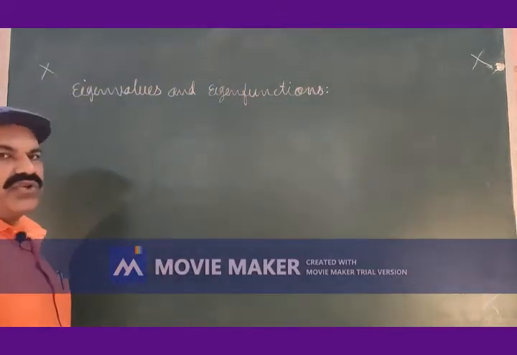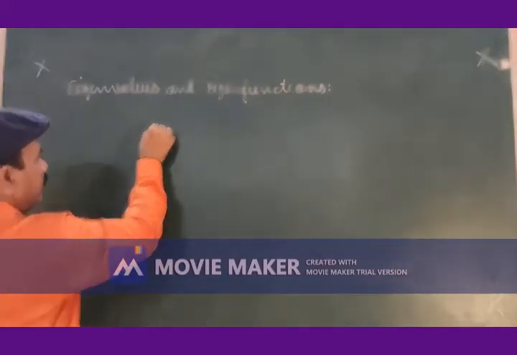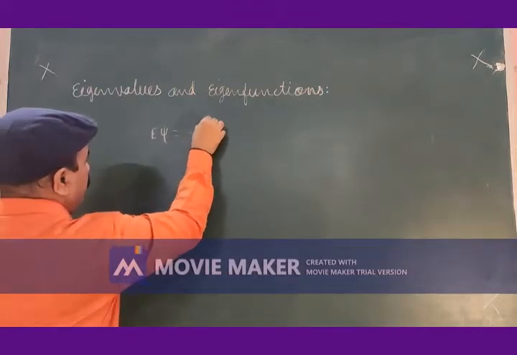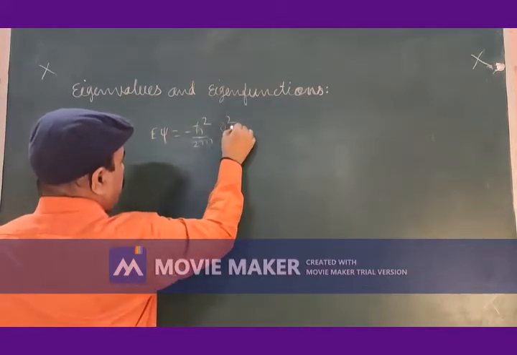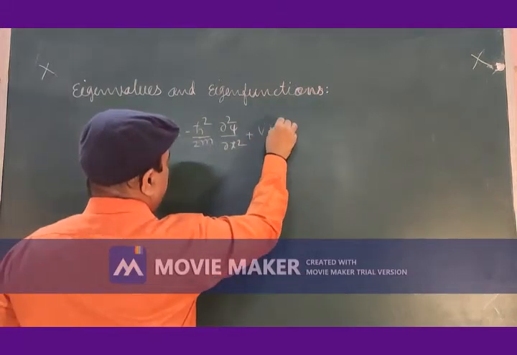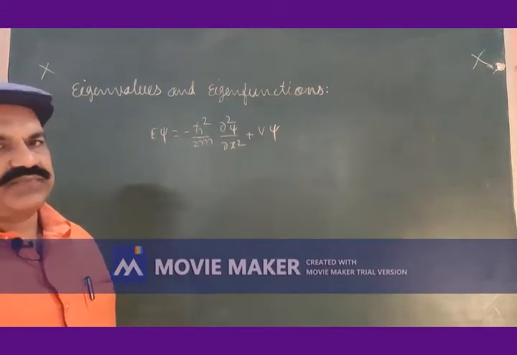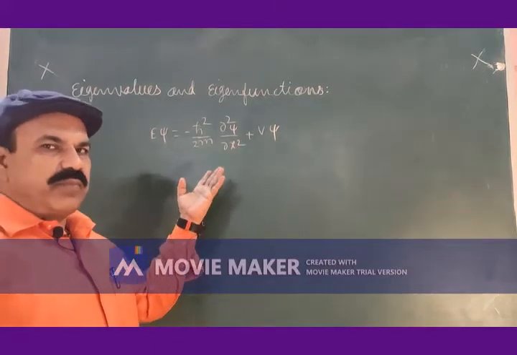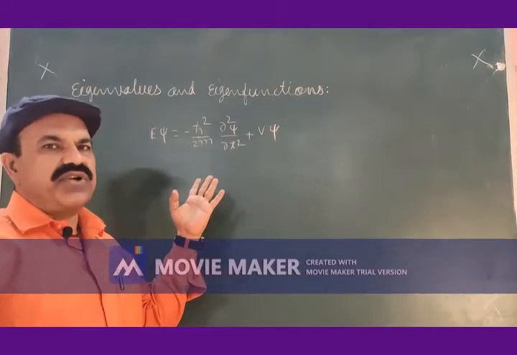The steady state Schrodinger equation we derived in the last lecture is this one. This is the equation we derived in the last article. Actually, I am purposely writing this form of steady state Schrodinger equation.